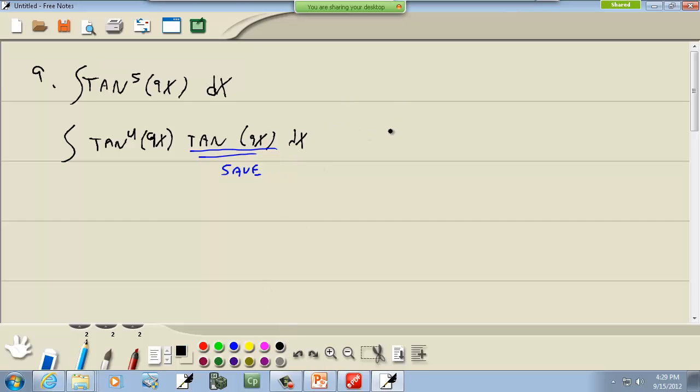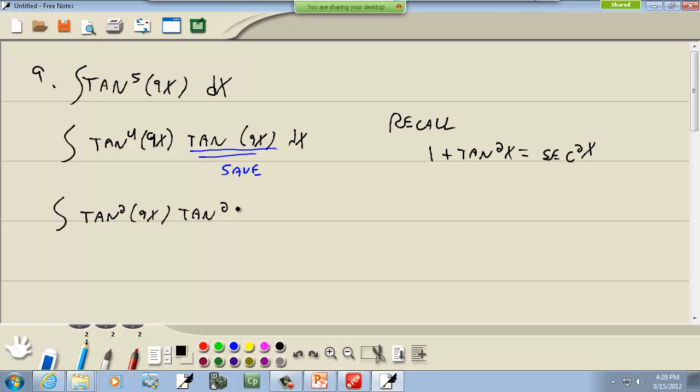Now recall, from our Pythagorean identities, 1 plus tangent squared is equal to secant squared. So this first part here, tangent to the 4th, I could rewrite that as tangent squared times tangent squared. And here's our save part.